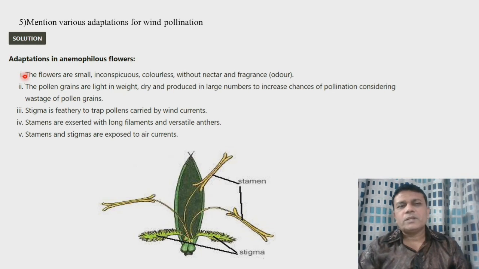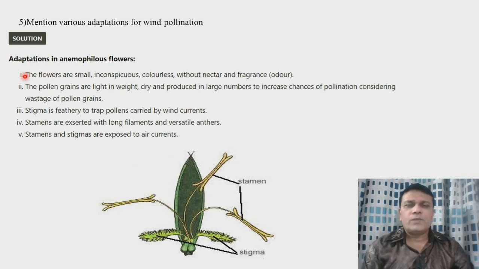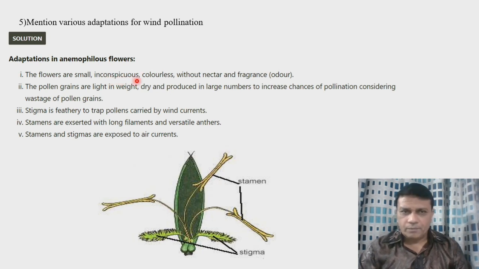Now, the adaptations in anemophilous flowers are, now you know that anemophilous flowers are those which carry the pollination with the help of wind. Now, the first adaptation is, as the flowers are wind pollinated, the flowers are small in size, then they are inconspicuous. Inconspicuous means they are not easily noticeable.